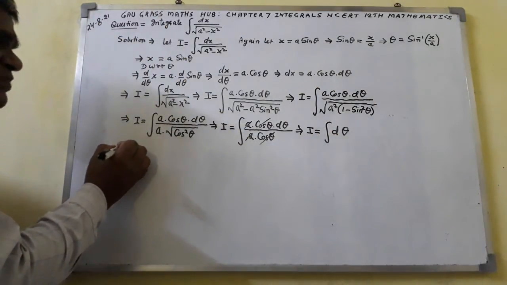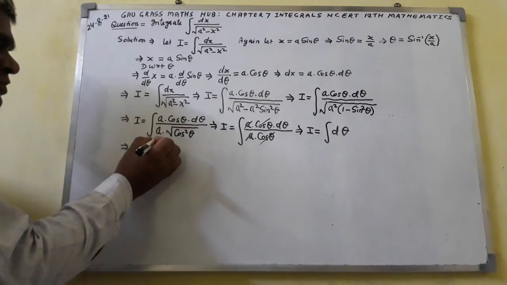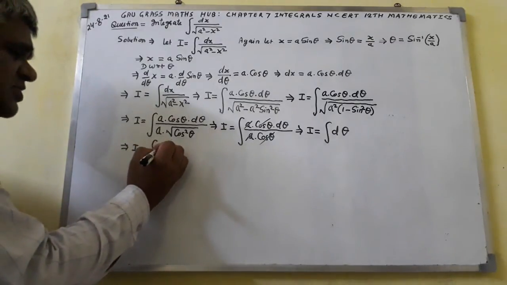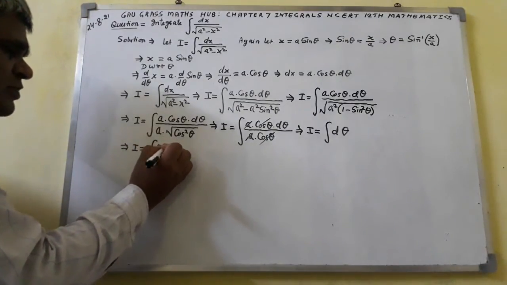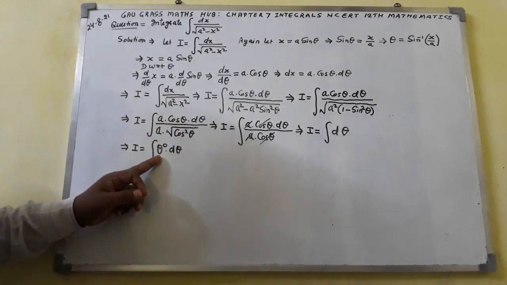Again I shall write: I equals integral theta raised to the power 0 d theta, because theta raised to the power 0 comes out to be 1.